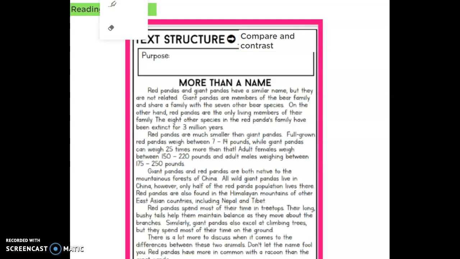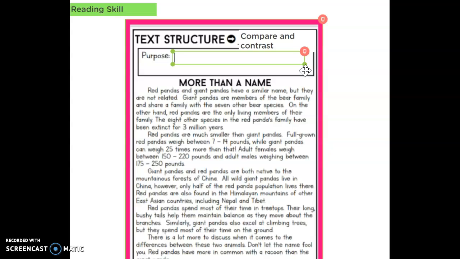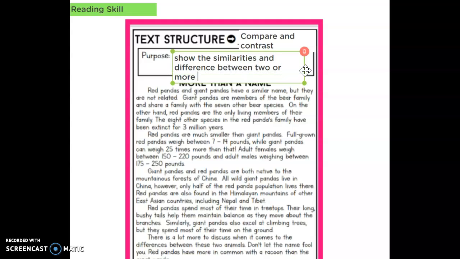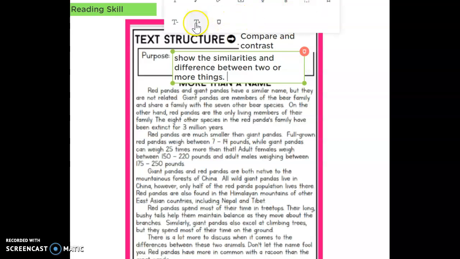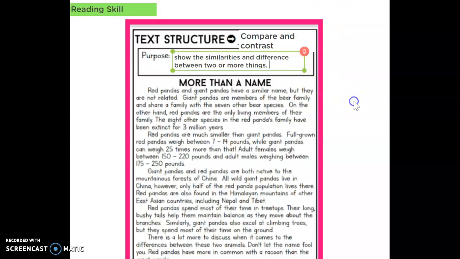Like we said on the previous page, the author would use a compare and contrast to show the similarities and differences between 2 or more things. Go ahead and type that out. Pause the video if you need more time.